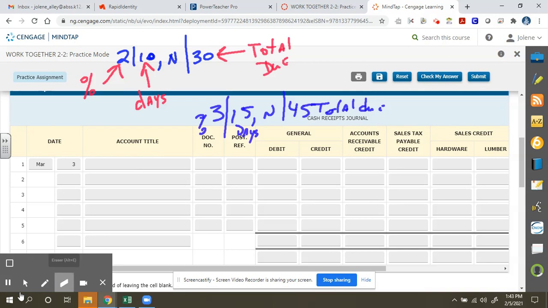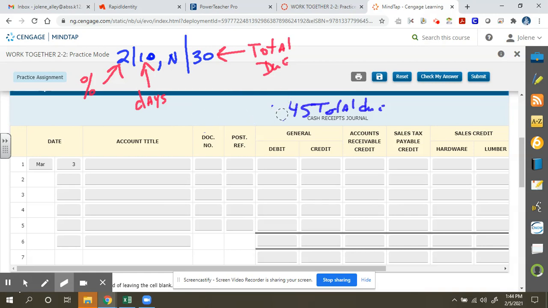I needed to be sure that you remember how that discount goes. This assignment is giving us 2-10 net 30, which is pretty common. But I've seen them where they gave you 90 days to pay the total bill, or 60 days or something like that. So you'll find all kinds of them.